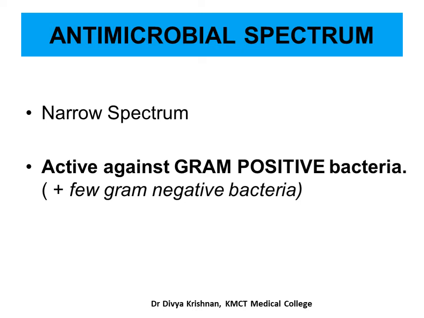Now let us look at the antimicrobial spectrum. You can see on the screen that it is a narrow spectrum group of antibiotics. It is mainly active against the gram-positive bacteria. However, it can also act on a few gram-negative bacteria. But its important spectrum includes mainly the gram-positive bacteria.